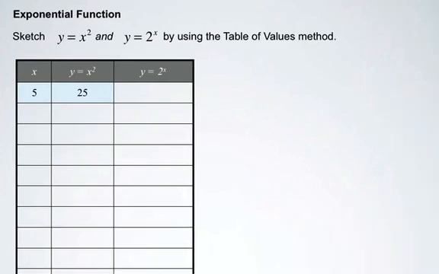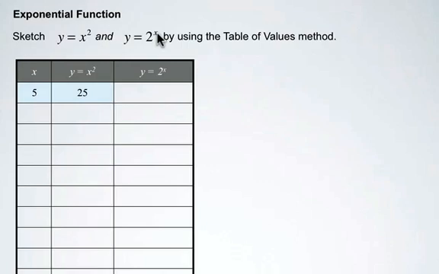Let's explore exponential functions. We're going to sketch two equations. The first that we'll sketch will be y equals x squared, and the second is y equals 2 to the x. Notice we've reversed the base and the exponent. So x and 2 become 2 and x.